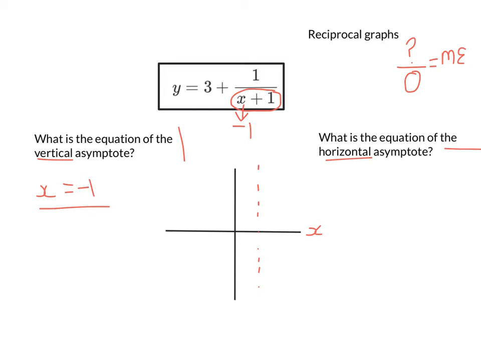Now, the next one, so the horizontal one, again, I want to be looking for where it's going to be crossing the y-axis. So where is it impossible for it to be y? Now, if it was y equals 1 over x plus 1, it would be just like this, very similar to the one that we've had previously.